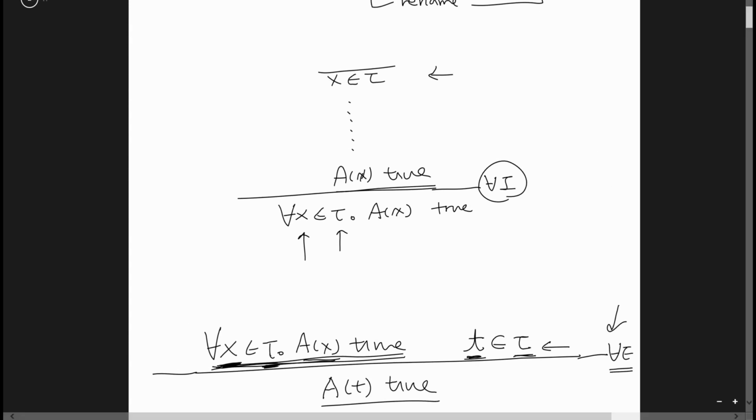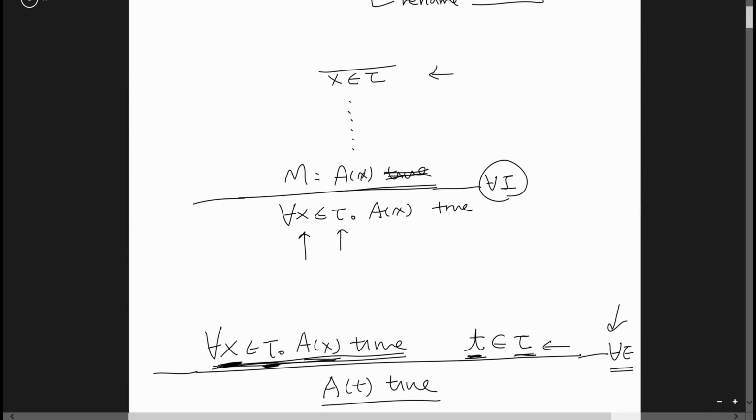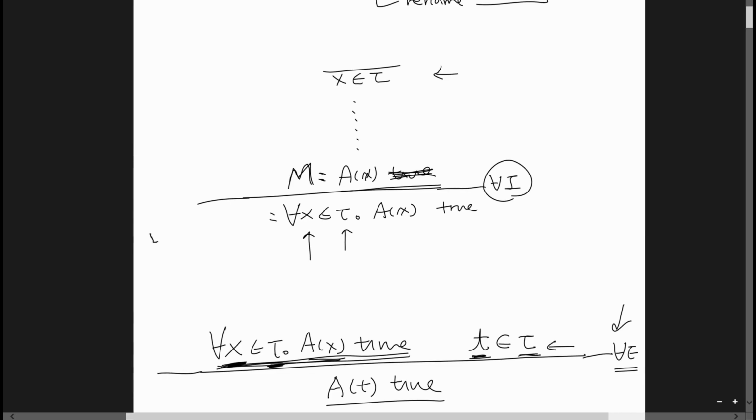Suppose that we assign proof term m to the proof of this A of x. So now this true is gone, and we instead use this proof term. Then the question is, what kind of proof term would you assign to the conclusion? So this true keyword is gone, and the question is, what is the proof term?